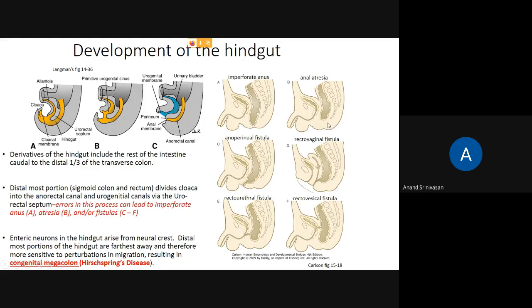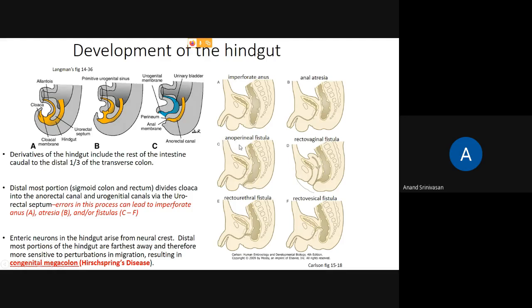Now in this next condition, everything is there, the rectum and anal canal, but the anal canal is not opening into the anal puckering. It is opening into the perineal body.